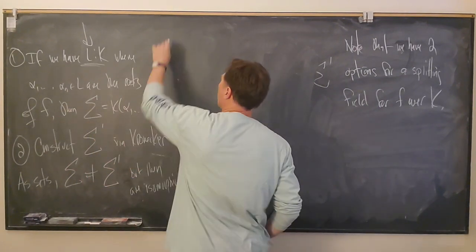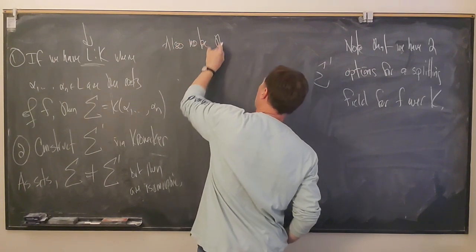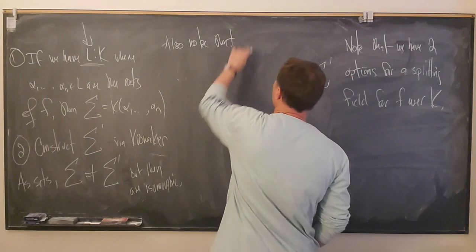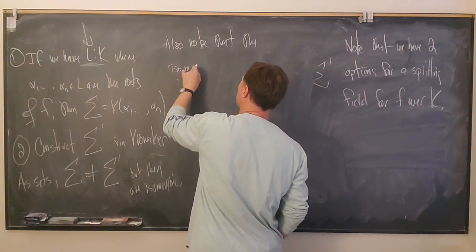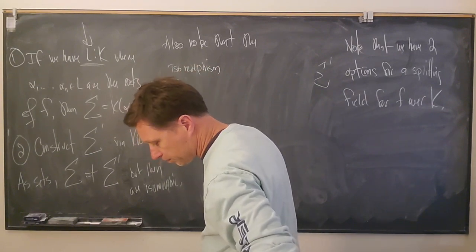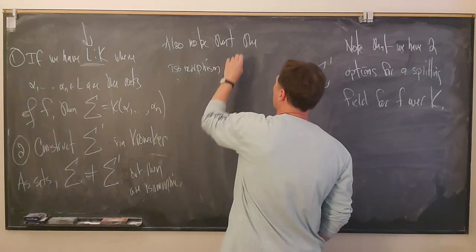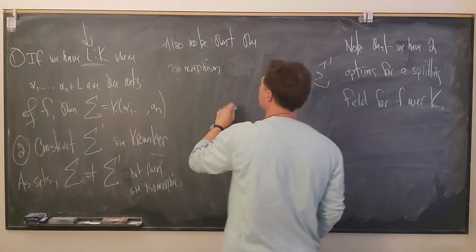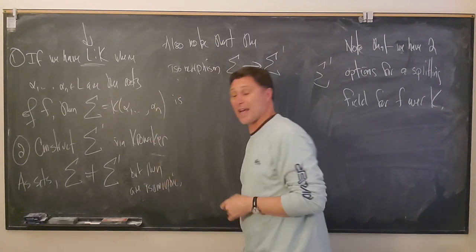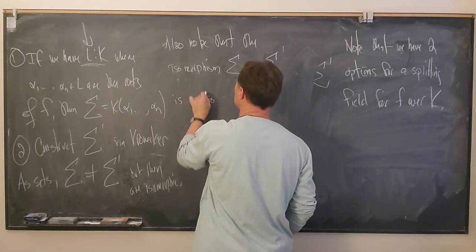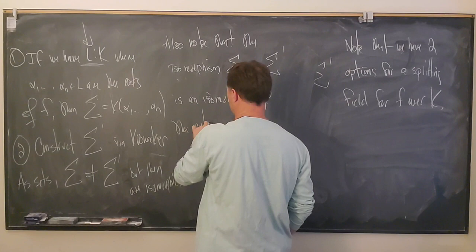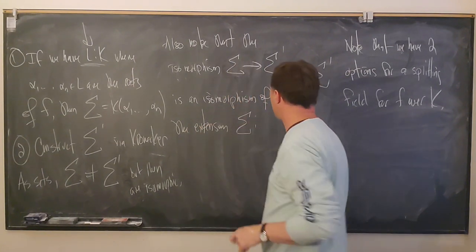And the second thing I want to note is that the isomorphism from sigma to sigma prime is sometimes referred to as an isomorphism of the extensions, sigma over k and sigma prime over k. I have to be a little careful here.